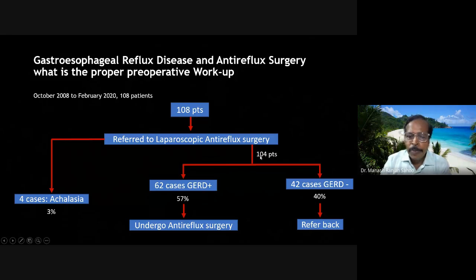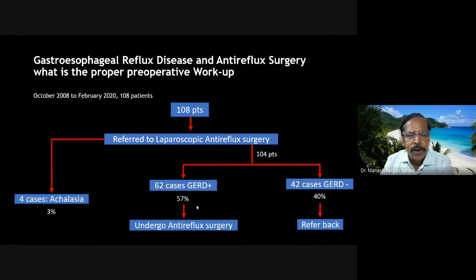Of 104 patients, 62 cases had GERD symptoms. 42 cases had no GERD symptoms, so they were referred back. Only these 62 patients were taken up for surgery. That means out of 108 patients, only 57% underwent anti-reflux surgery. By that, I want to emphasize in your mind that anti-reflux surgery is a procedure which should not be just taken up like cholecystectomy or appendectomy.